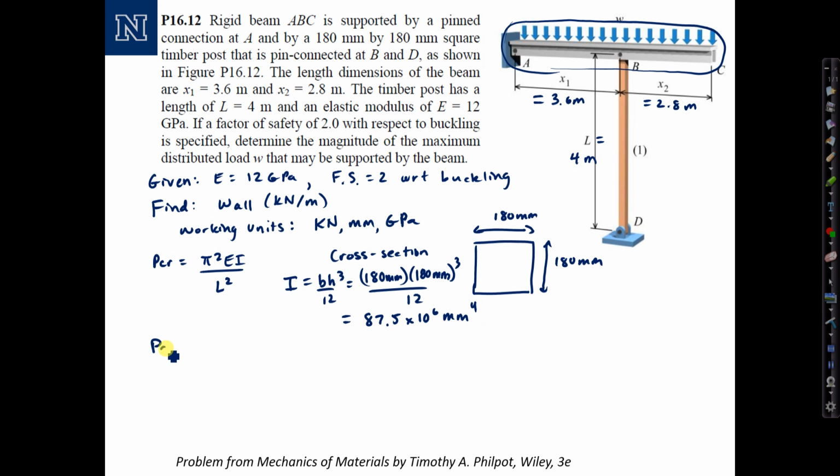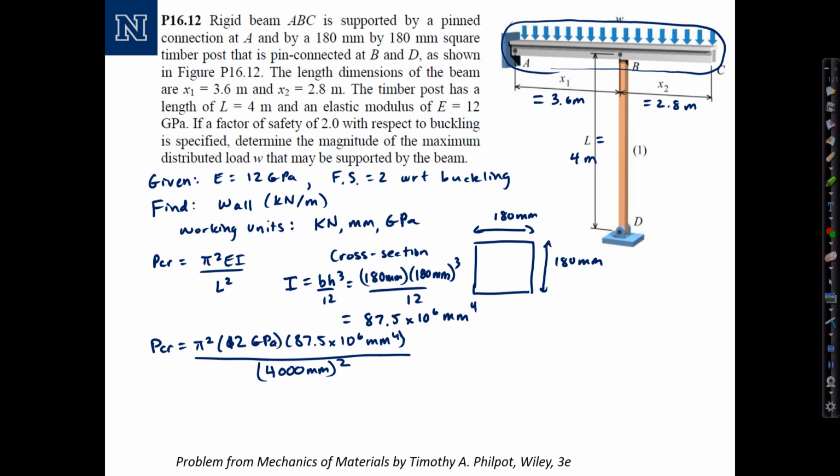Okay, critical buckling load: pi squared, E in gigapascals, 12 gigapascals, times I in millimeters to the 4th, 87.5 times 10 to the 6th millimeters to the 4th, divided by the length squared, and we need the length in millimeters, so convert the 4 meters to 4,000 millimeters.